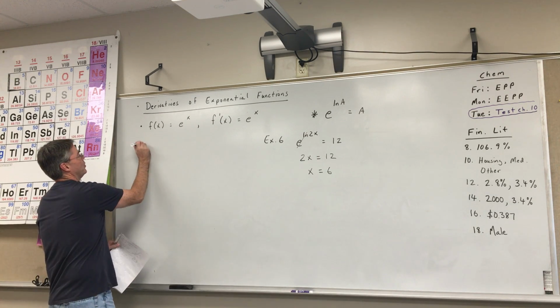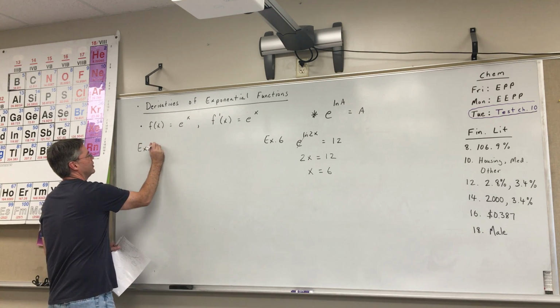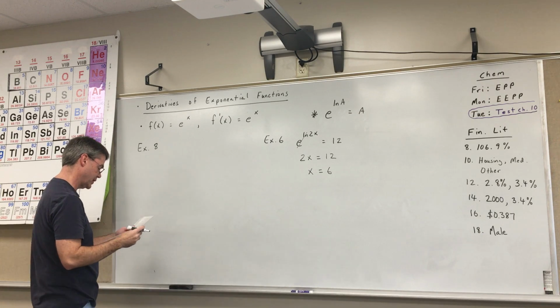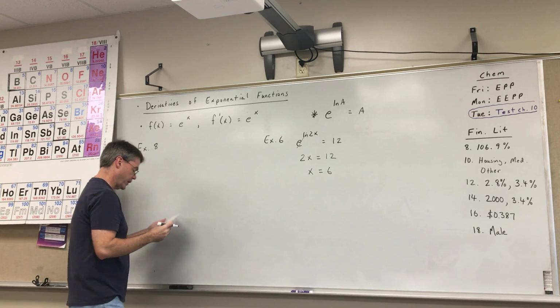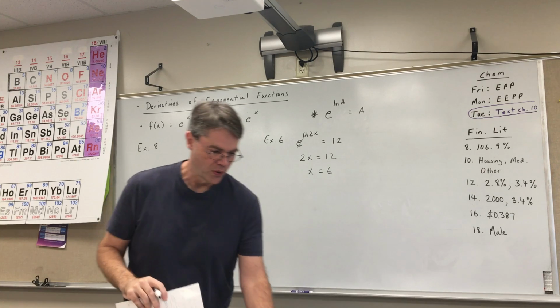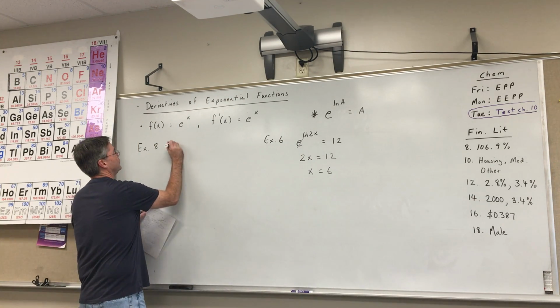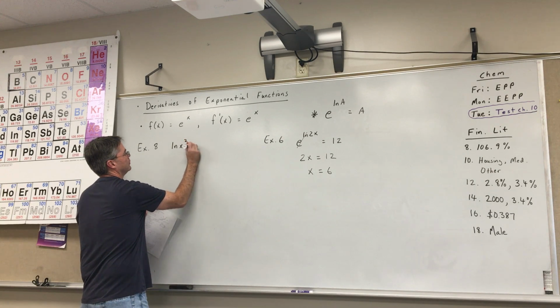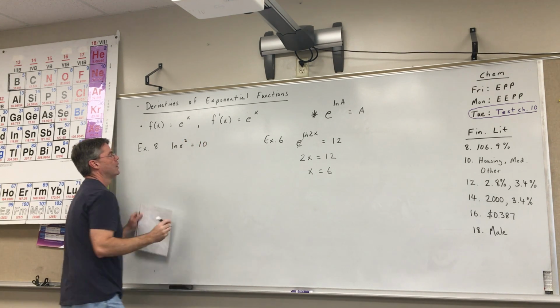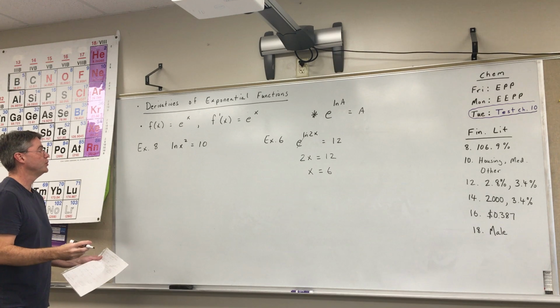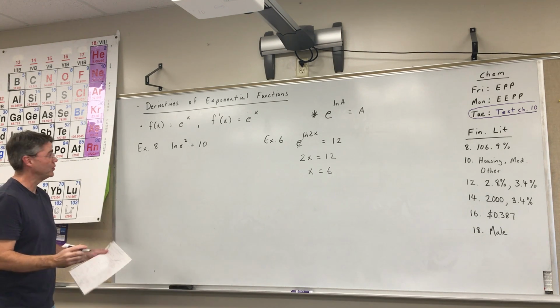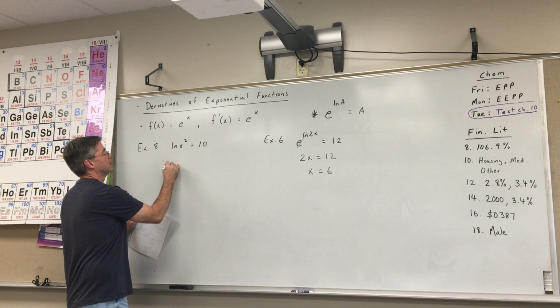All right, the next example, the last one before we start doing the calculus, example 8. So that is natural log of x squared is equal to 10. Okay, so what we want to do is exponentiate both sides. We want to solve for x.